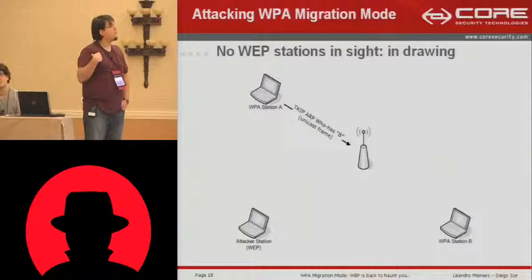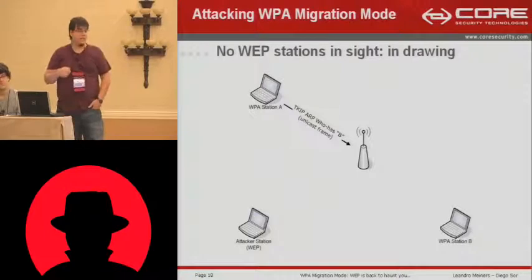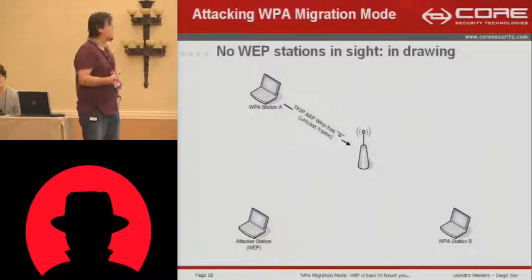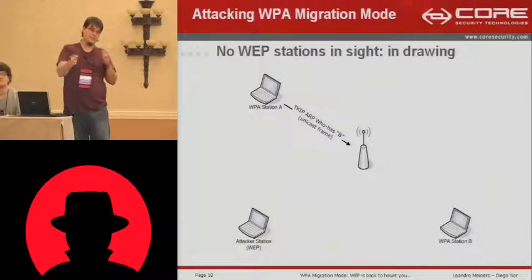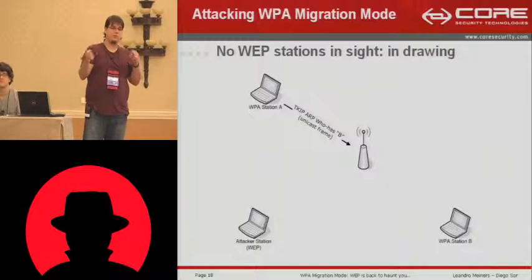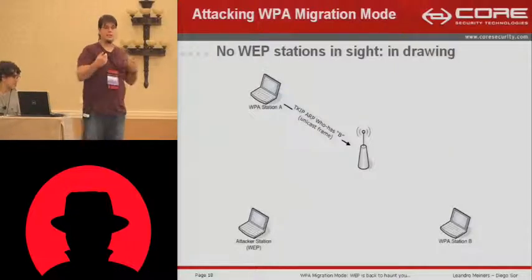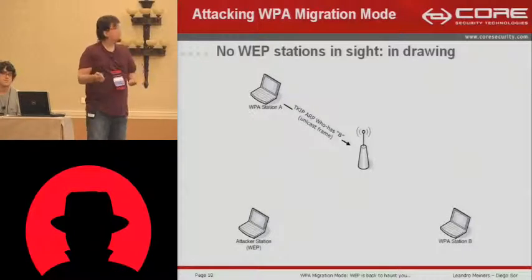Basically, the scenario is this one. We have 2 WPA stations, and we are the attacker. Station A sends an ARP frame, which is TKIP encrypted, because every time a WPA station talks to the AP, even if it's sending broadcast traffic, it encrypts it with TKIP, or AES if it's using WPA2.